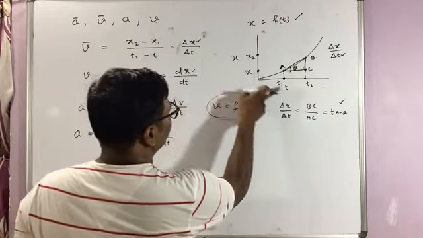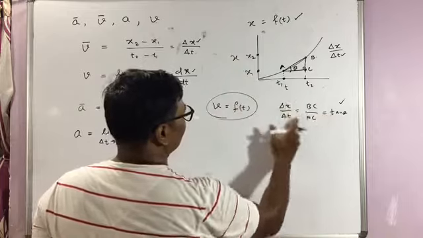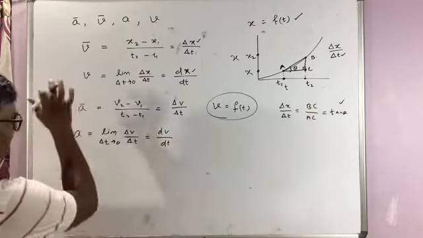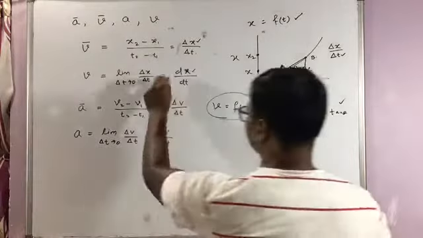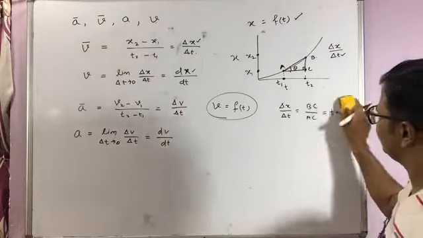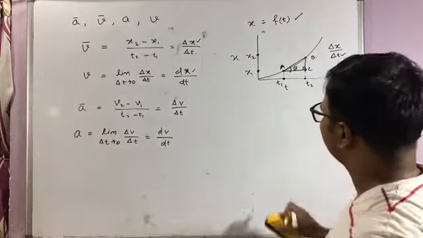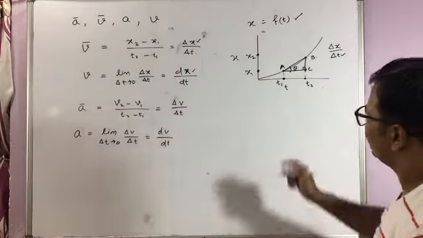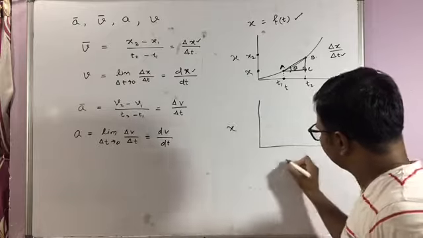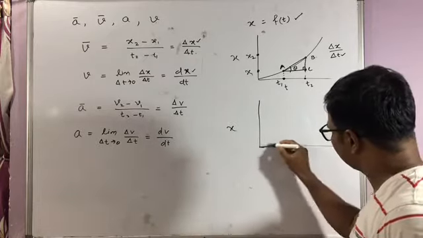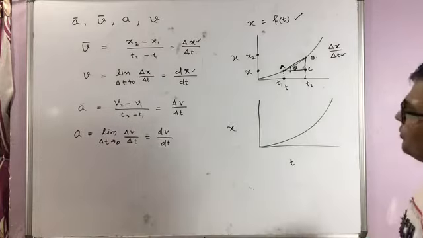If this graph would have been v versus t graph, this value would have been your average acceleration. Now let us find out the instantaneous velocity in the same graph. Suppose you plotted the same graph again, x versus t, and you found your graph would be like this.